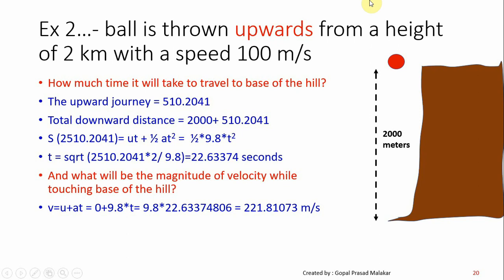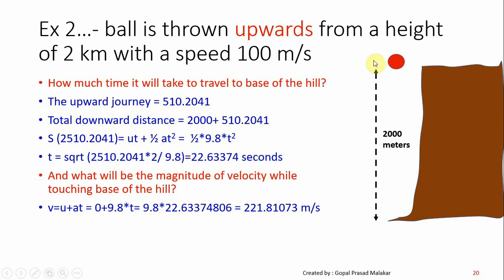So it has to travel a total downward distance of 2000 plus 510, and obviously when it is starting the downward journey, the initial velocity is 0. So the time it will take from here to come down the complete distance is half 9.8 into t square equal to 2000 plus 510. This is giving you 22 seconds.